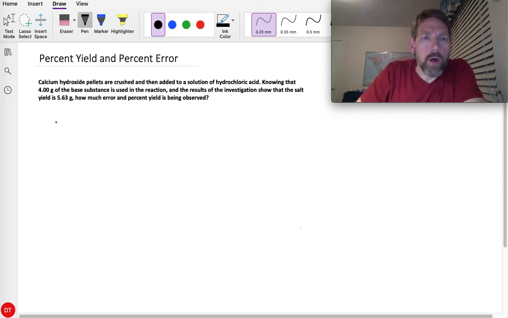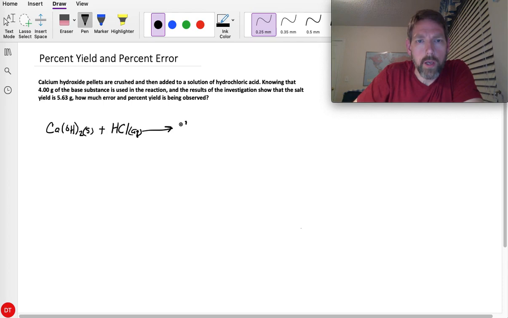Okay, so from the previous time, we knew we had calcium hydroxide, and I have the 2 this time. And we had some hydrochloric acid, an aqueous solution, and some calcium chloride was produced.